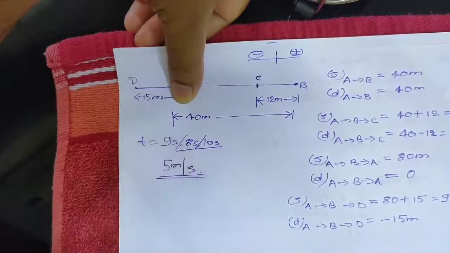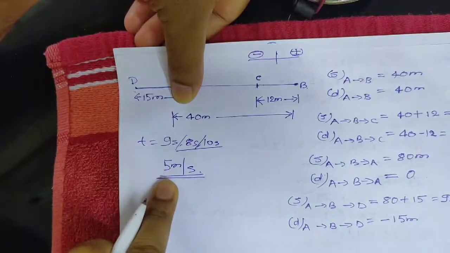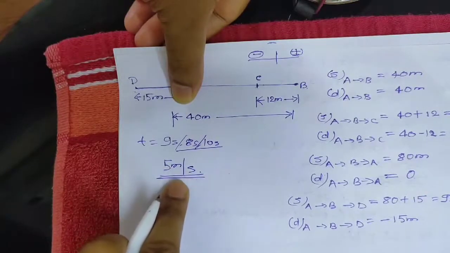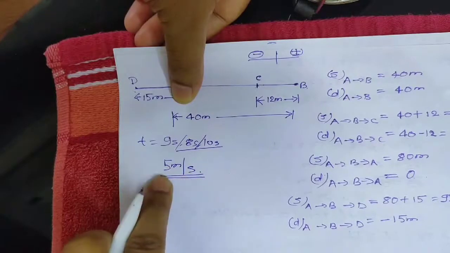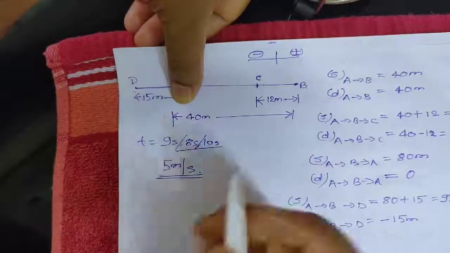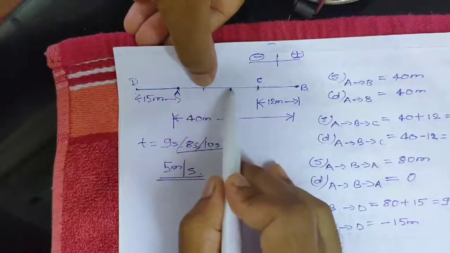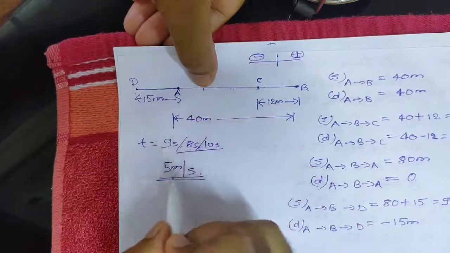I can denote it by this particular symbol, 5 m/s, 5 meter per second. So that means I have covered 5 meter in 1 second, right? In the next second also I covered 5 meter.